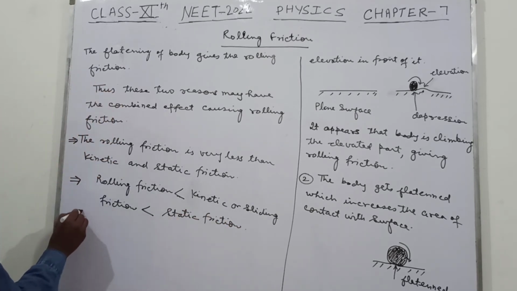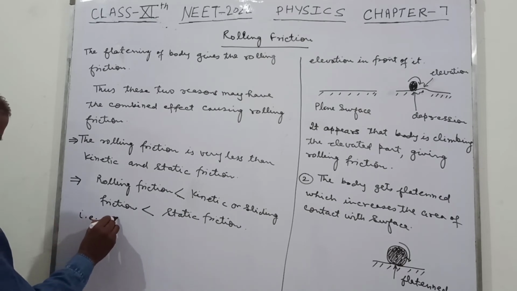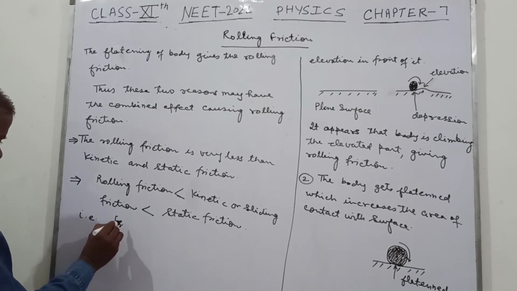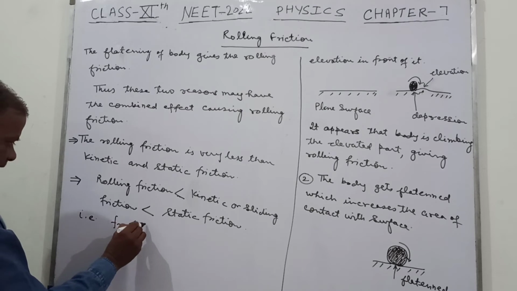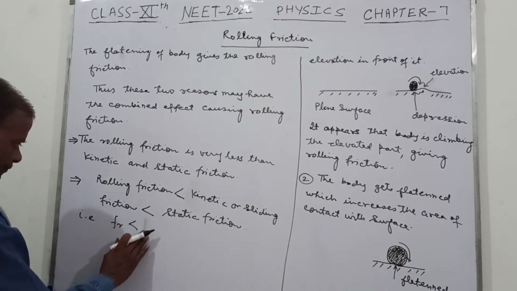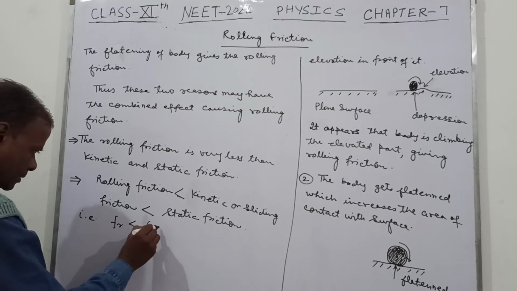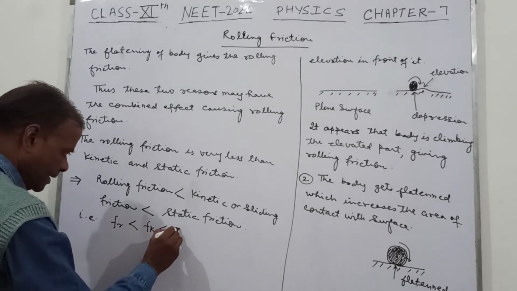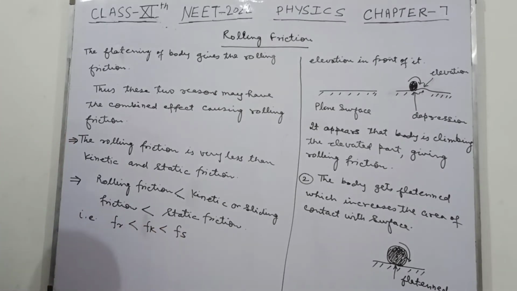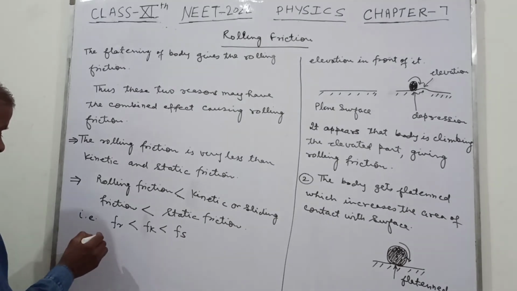It means that Fr is less than Fk, which is less than Fs.